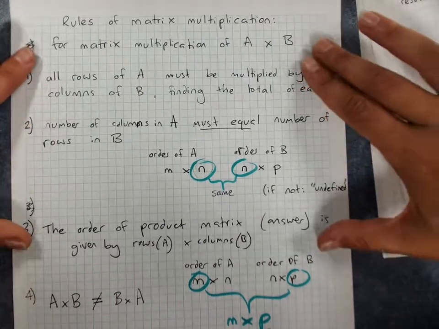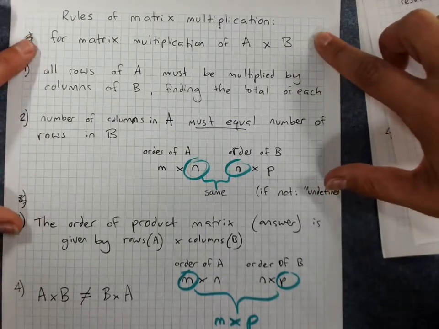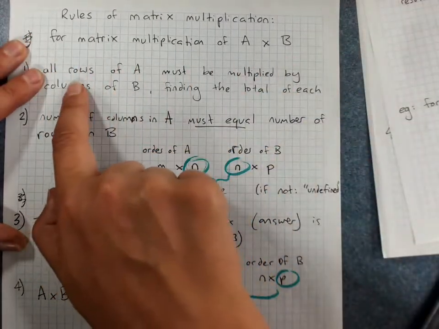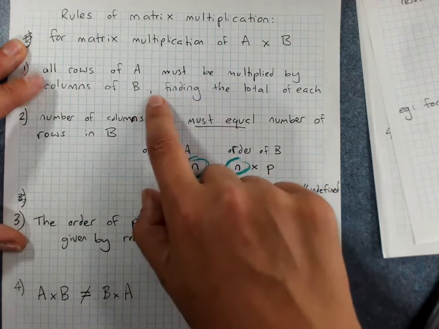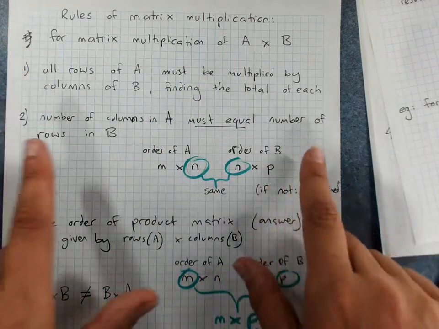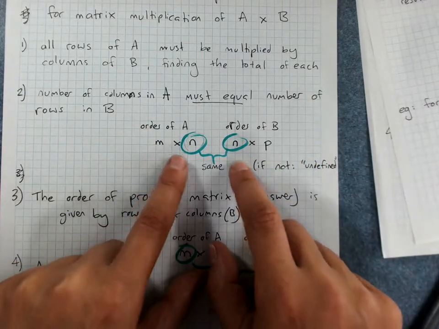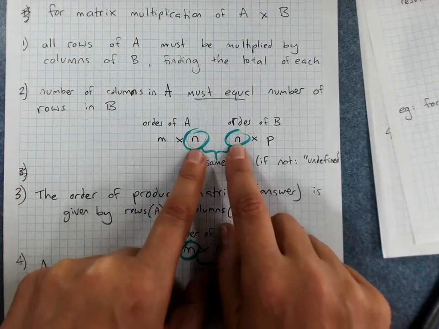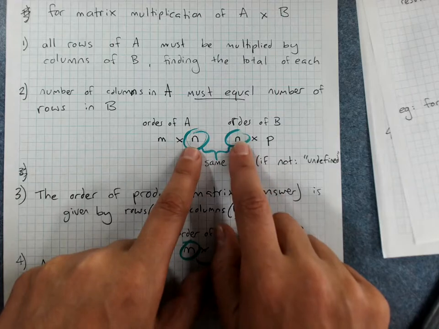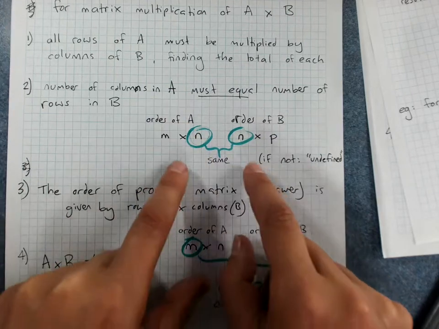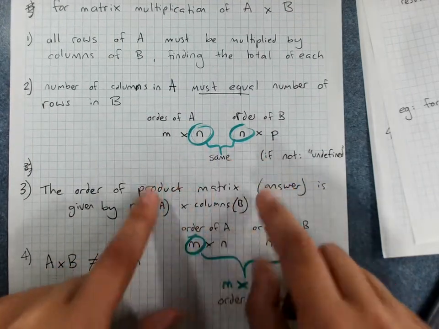You'll remember we went through the rules of matrix multiplication. We multiply the rows of the first matrix by the columns of the second matrix. We have to check first if we have this matching number of columns and rows in the first and second matrix, because otherwise we can't do it.